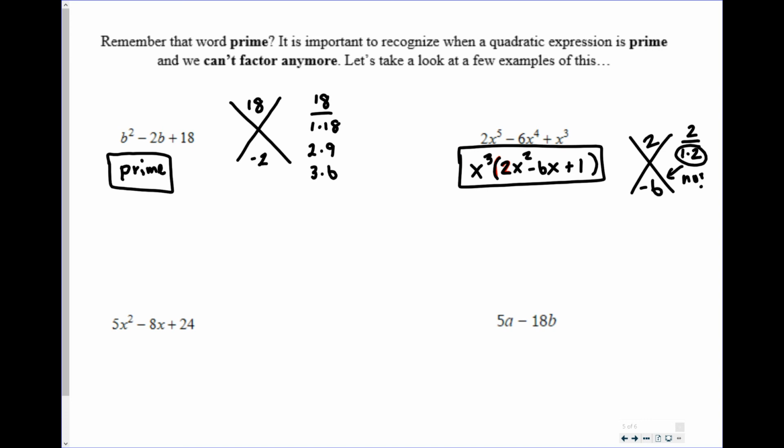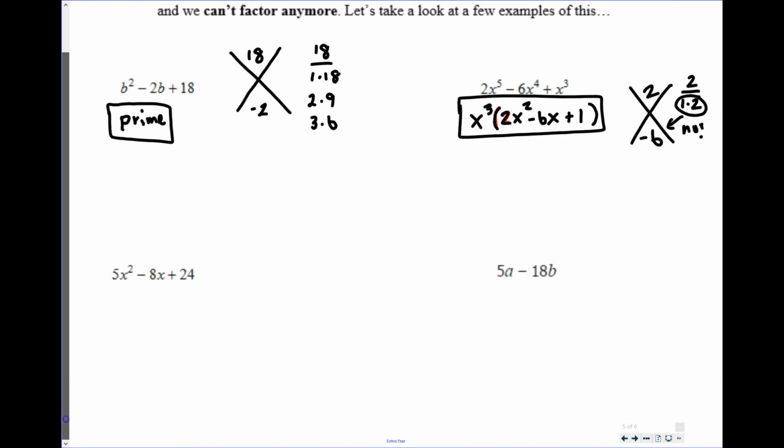I cannot continue further. The next problem looks like I can factor it as well. It looks like I've got to multiply this 5 times 24 first. So I'm going to go ahead and do that. I get 120 here and negative 8 here. I've got to then write out all the factors of 120, and I mean all of them. Because if you don't write all of them out, you might miss one that gives you a negative 8.